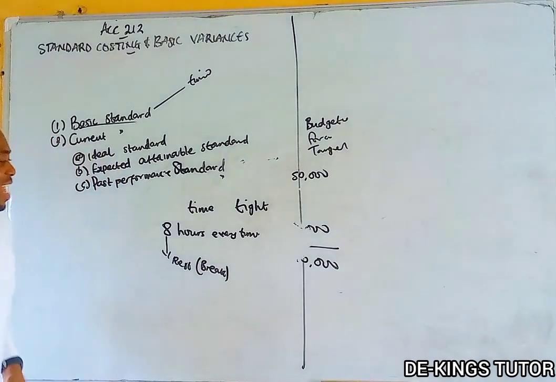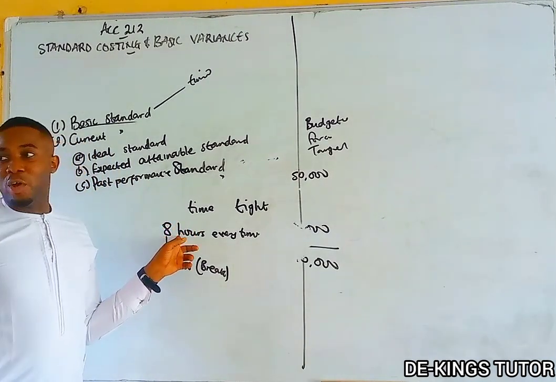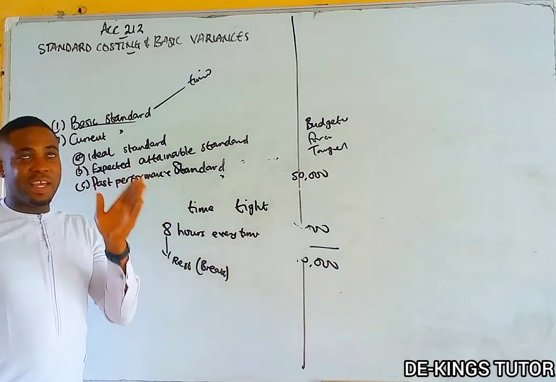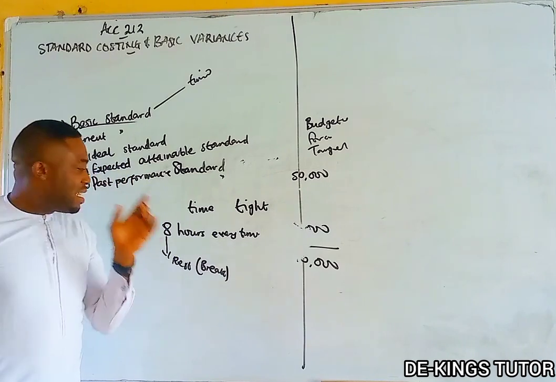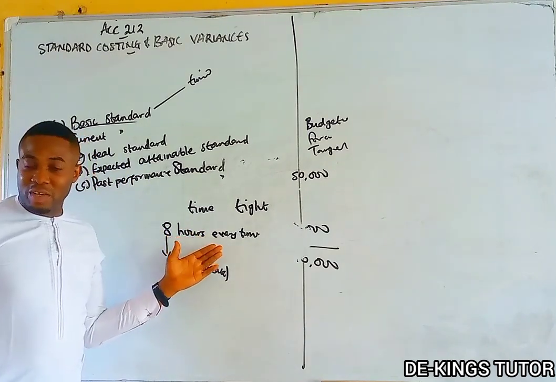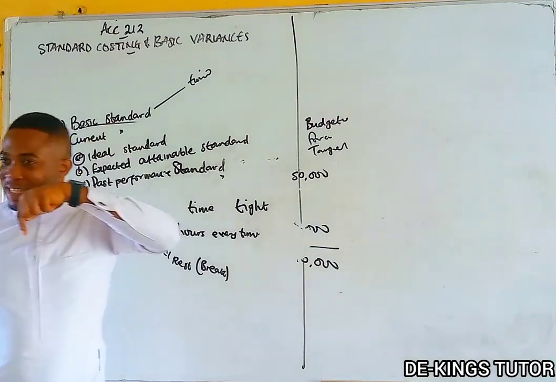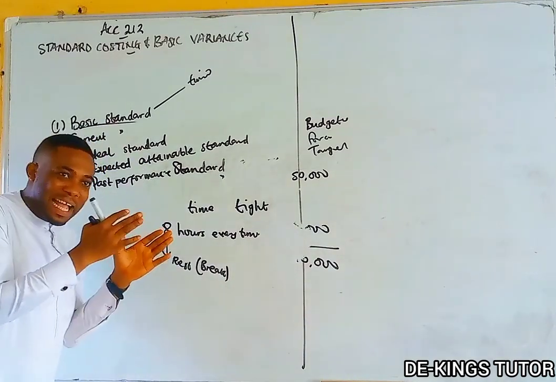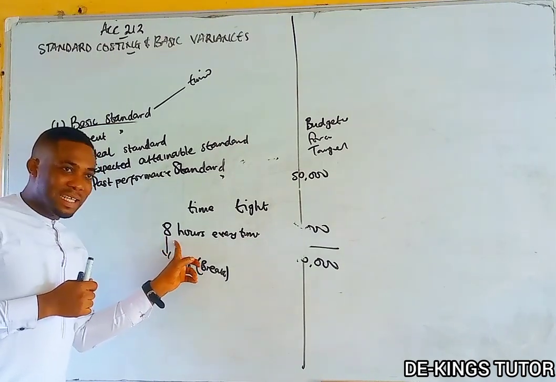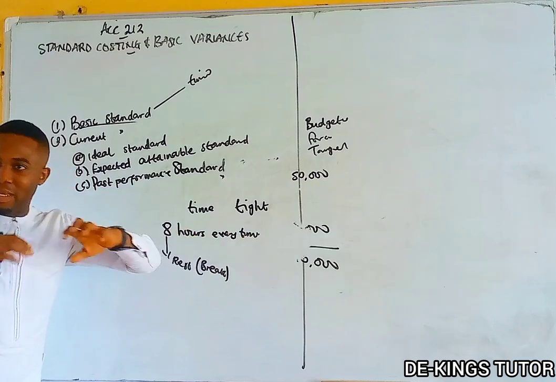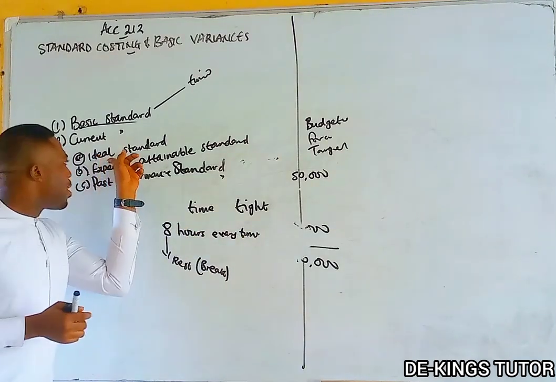Now, if you calculate that based on 8 to 10, 10 to 12, 12 to 2, and all that, now it becomes an ideal because there's no space for rest. But in actual sense, there is a particular gap because you are not exhausting that time in entirety. Understand?